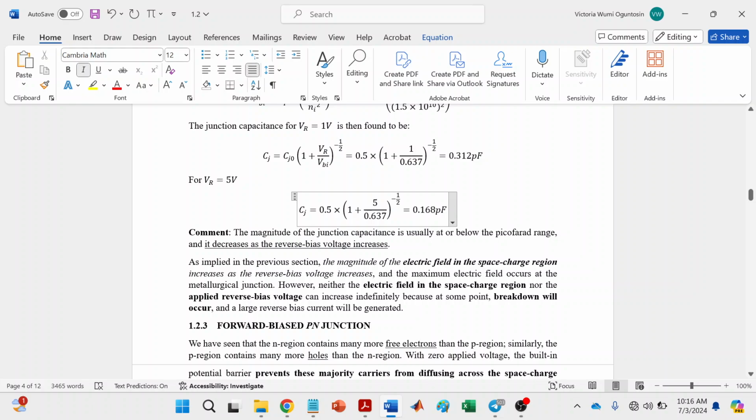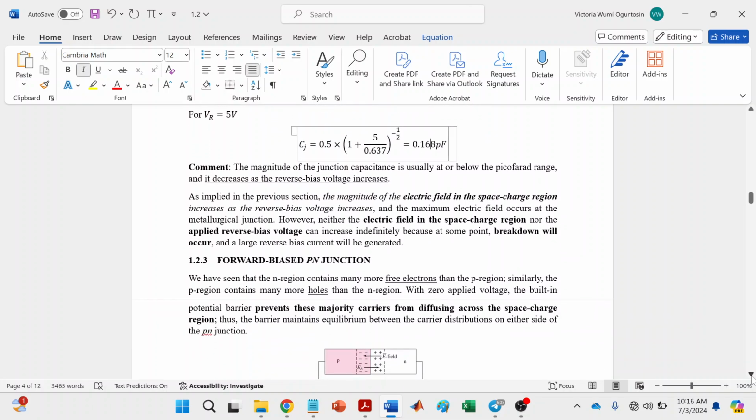So the magnitude of the electric field in the space charge region increases as the reverse bias voltage increases. So we've already seen that. And the maximum electric field occurs at the metallurgical junction.